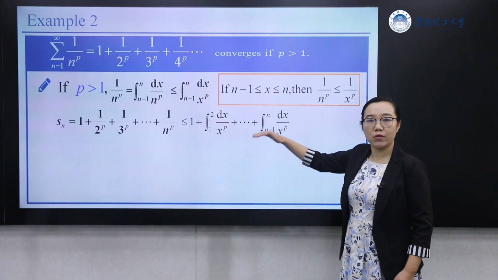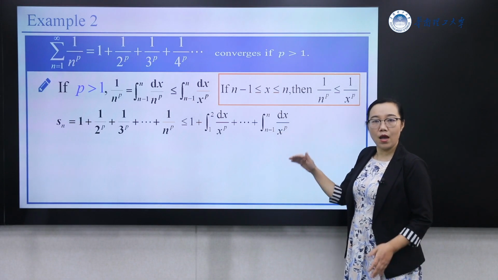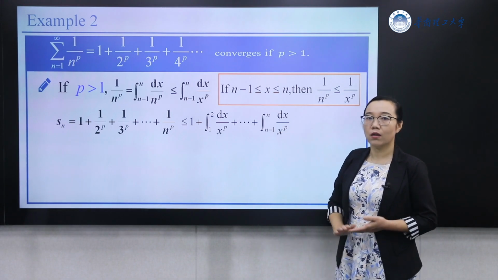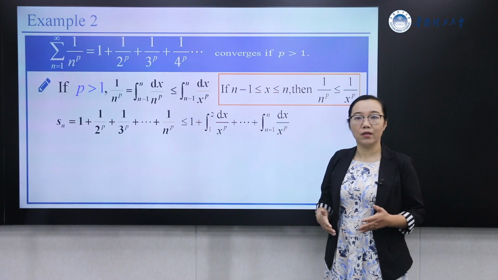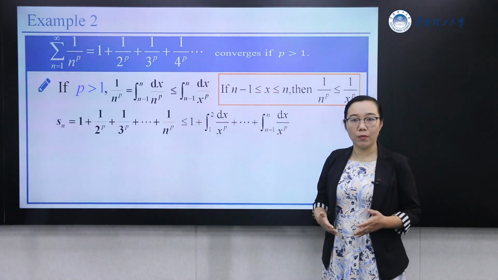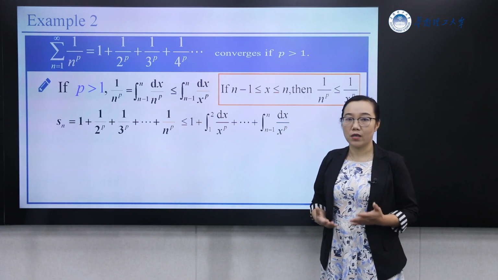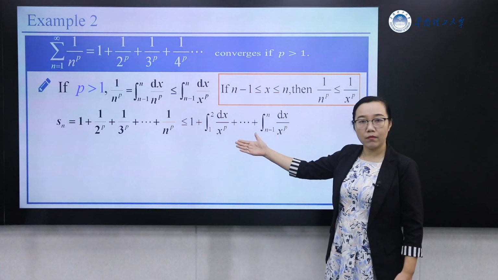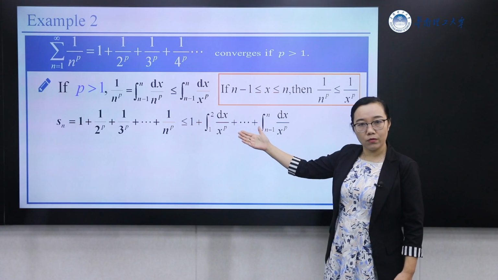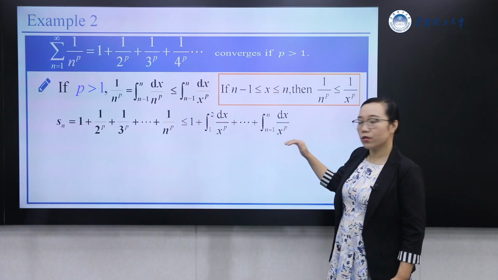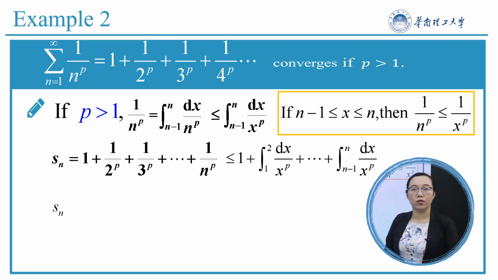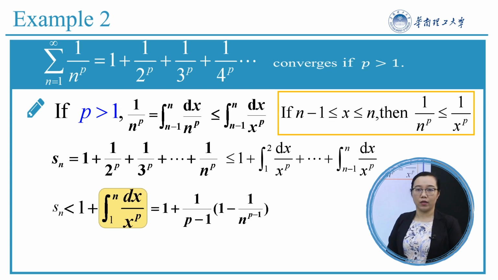Hence, we have the partial sum Sn less than or equal to the corresponding integrals. The corresponding upper limits and lower limits are 0 to 1, 1 to 2, and n minus 1 to n, according to the additivity of intervals.